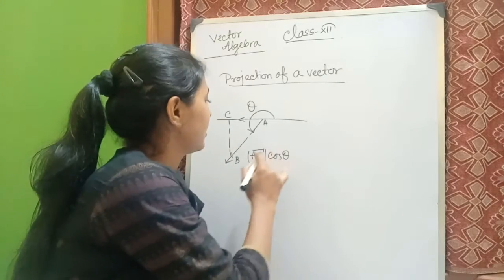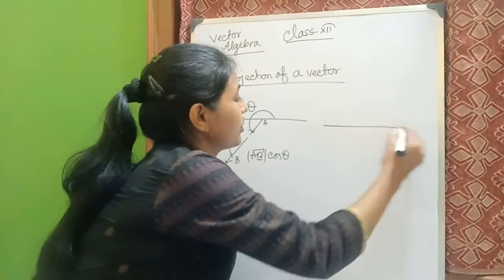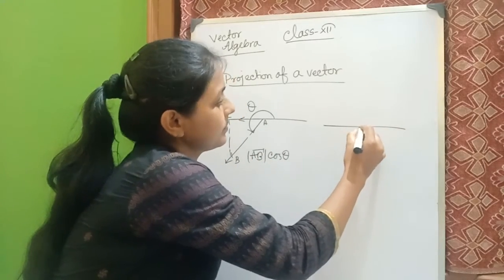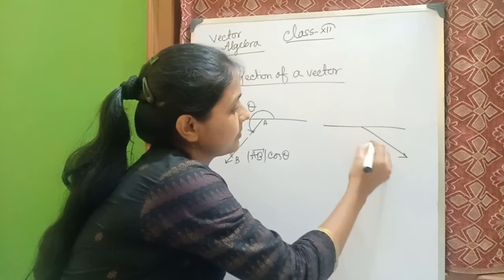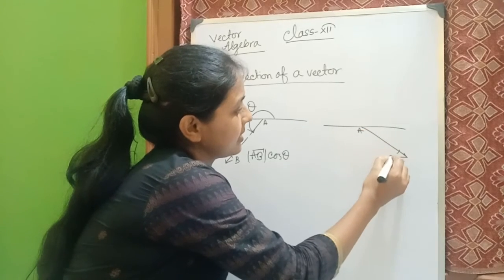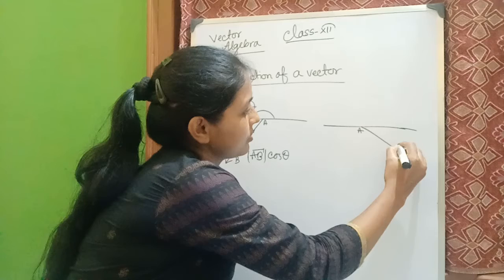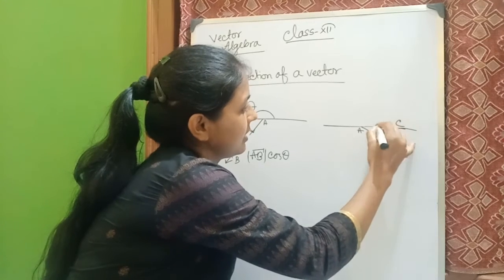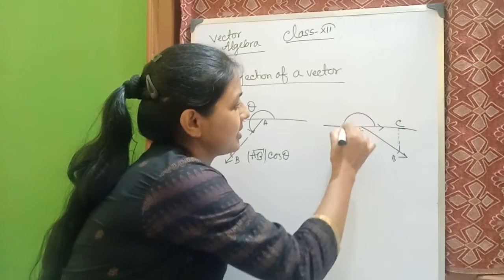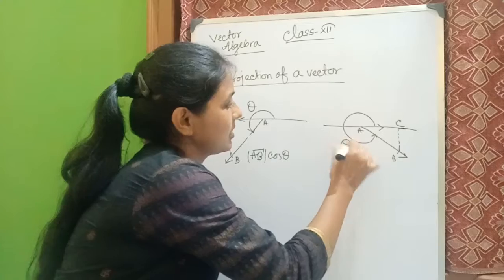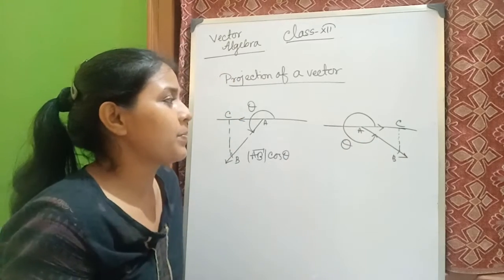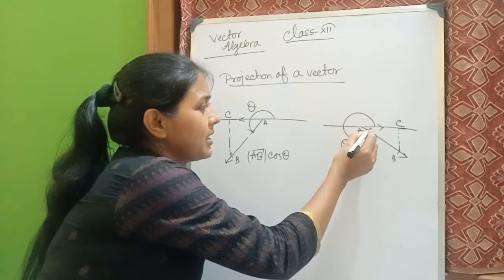Okay, simple. Then the fourth figure is like this. This is A, this is suppose B, this is C, and theta is this one. This time this part is pi minus theta.